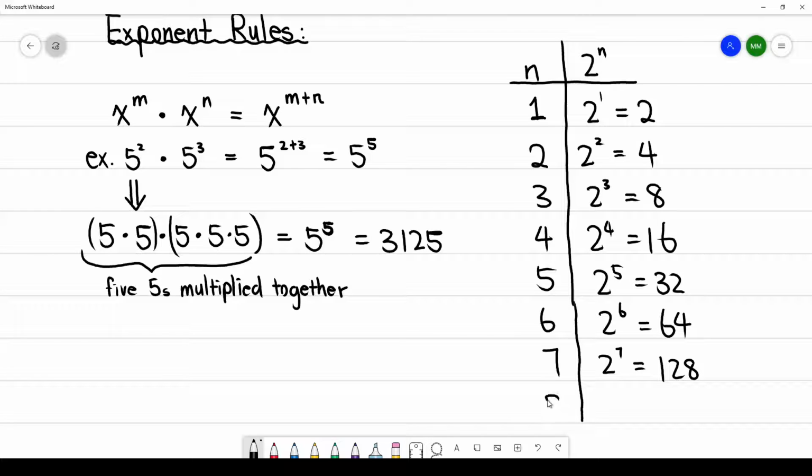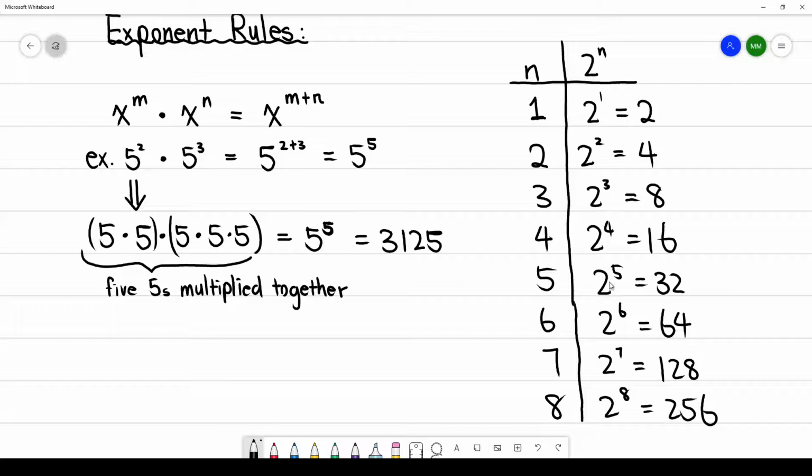Maybe to 8, yeah. So 2 to the 8 is 256. For 2 to the n, with any n less than or equal to 8, I think it'll be really nice to remember these numbers.